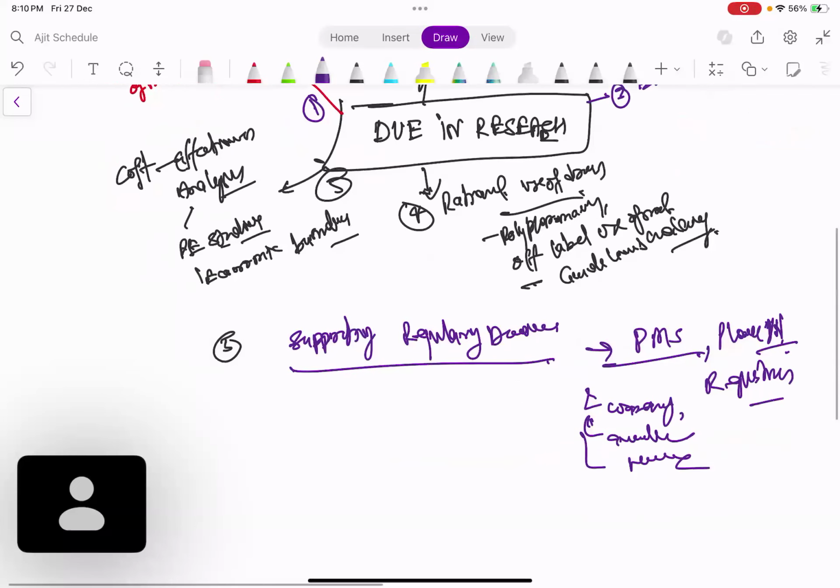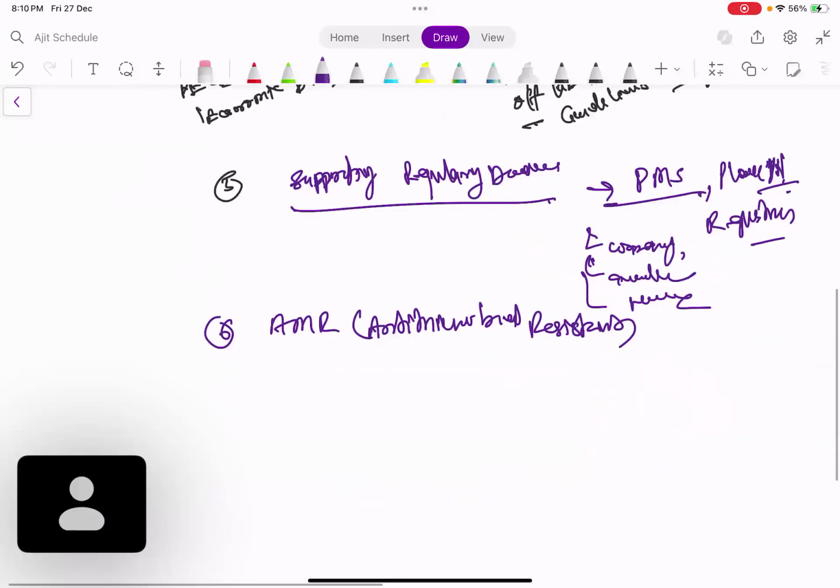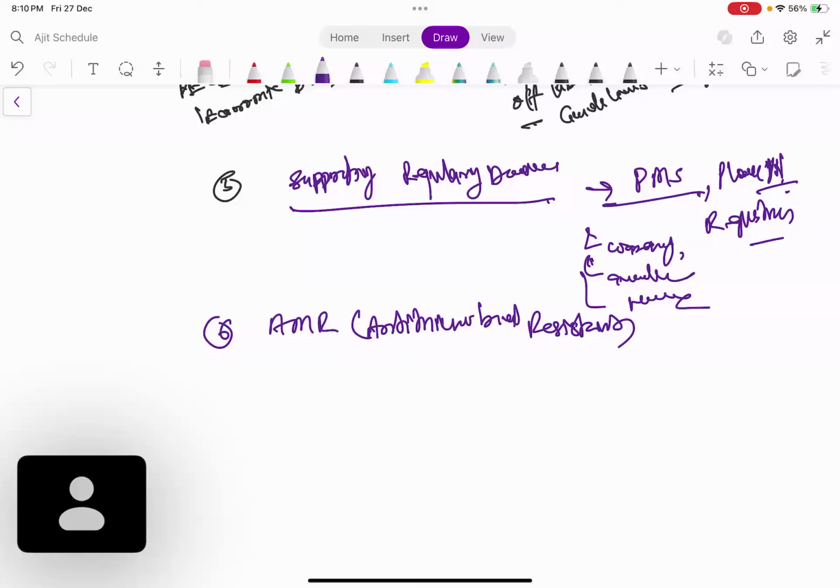And then you can also work on the problems related to AMR, antimicrobial resistance, because this is one of the important topics again. In that, you can do some kind of critical research on AMR. You can address the pattern of antibiotic prescribing.